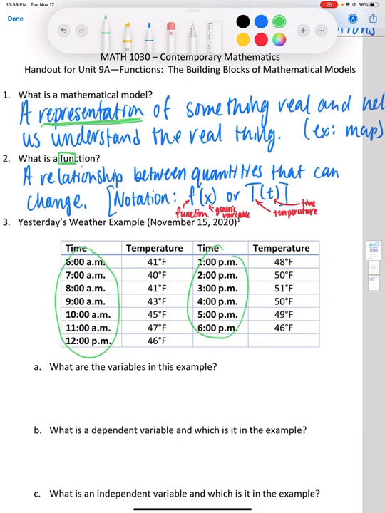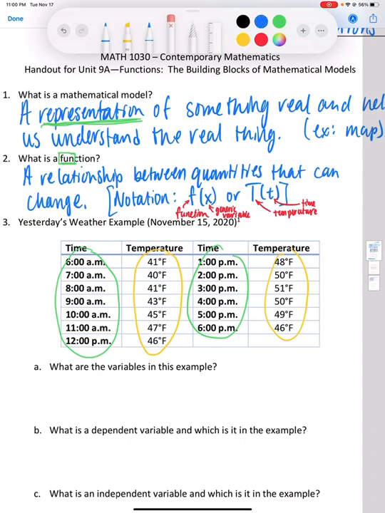So time goes from 6 a.m. to 6 p.m. And when we're looking at temperature, notice that it is 41 degrees and all the way down to 46 in that column. And this column is the same, 48 to 46. So we have time and temperature, and those are the quantities that change in this example.